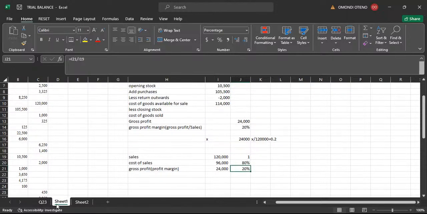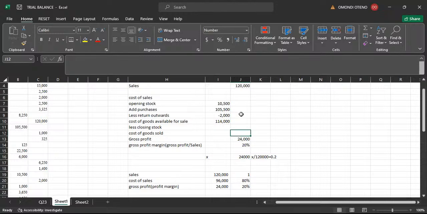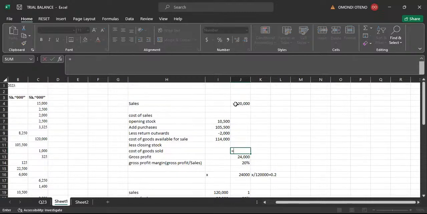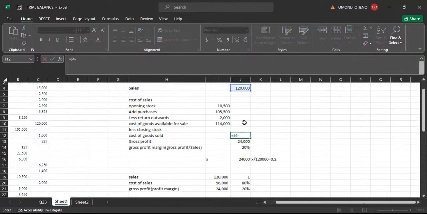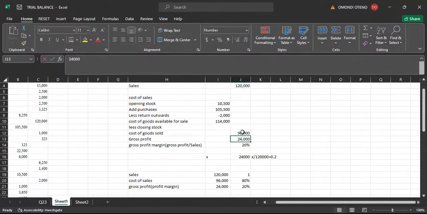So we've known our gross profit is 24,000. Our cost of goods sold is now the difference between sales and gross profit, so it's going to be 120 minus 24,000. Tunapata 96. Cost of goods available for sale is 144,000.